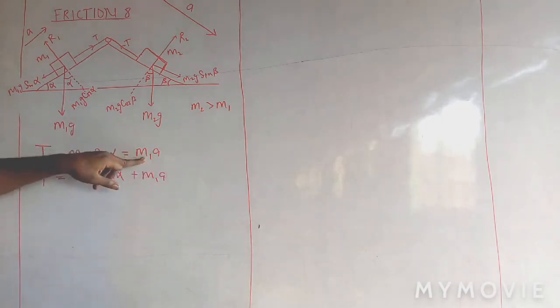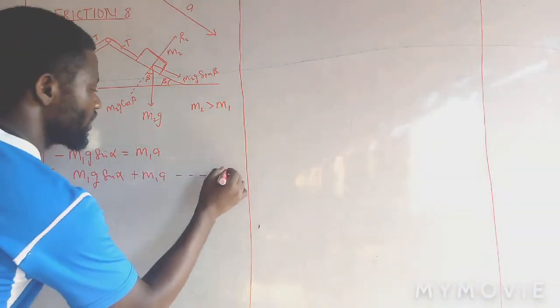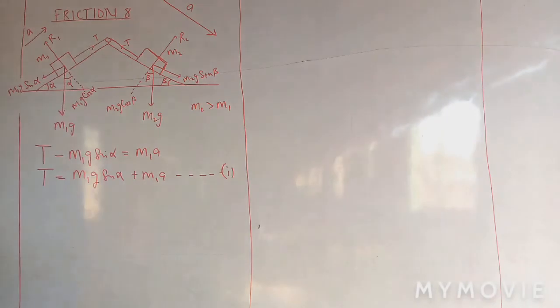Why do we have m1a here? If we subtract this force in the opposite direction to the tension T, the net force must be m1a. So I will call this equation 1.